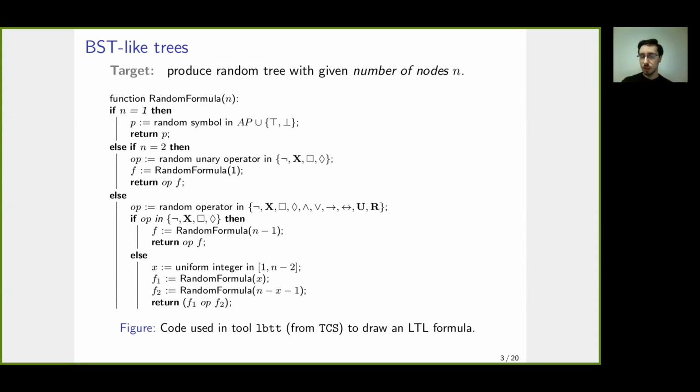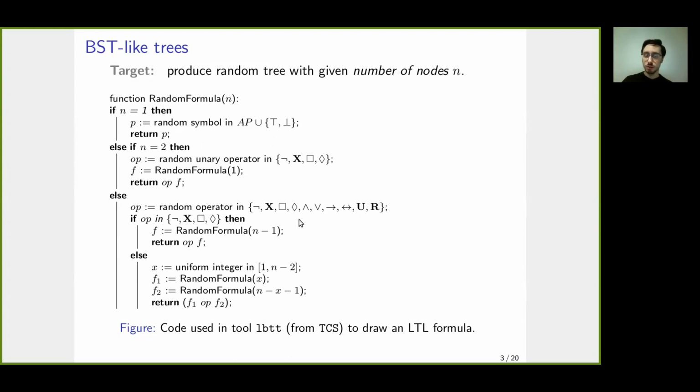To get a random formula with n nodes, if n is equal to 1, then we just draw a random leaf. If the number of nodes is 2, then we must pick a unary operator for the root, and then the child is again a random leaf. In the general case, we must pick a random operator for the root, which could now be unary or binary.